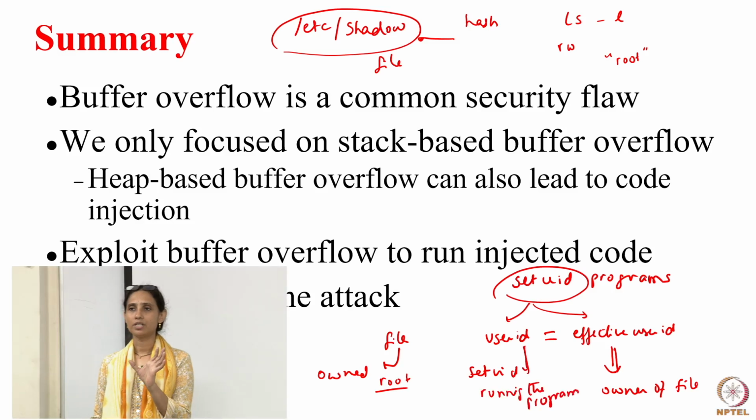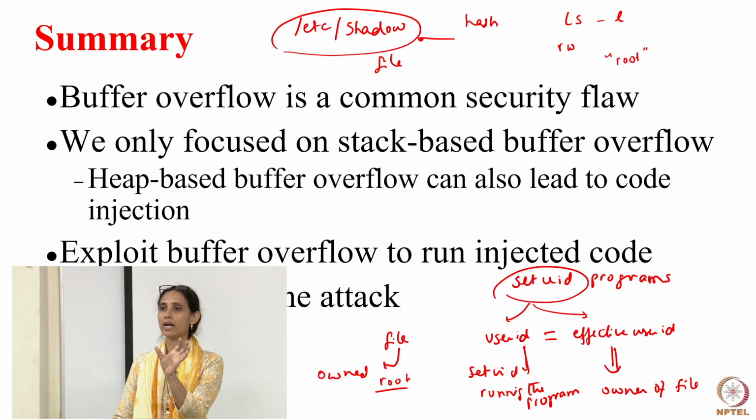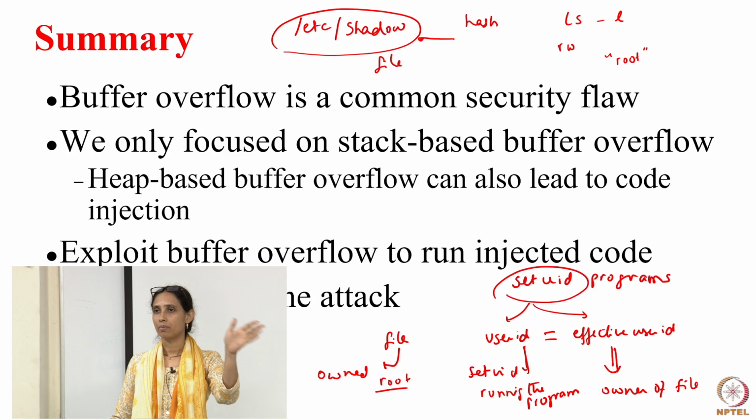Okay, so I hope this distinction is clear. There is a program, the owner of this program can be root, but I as a regular user can also run the program. When I run the program, the user ID will be mine, Chebrolu, whereas the effective user ID will be root because root is the owner of that particular file.